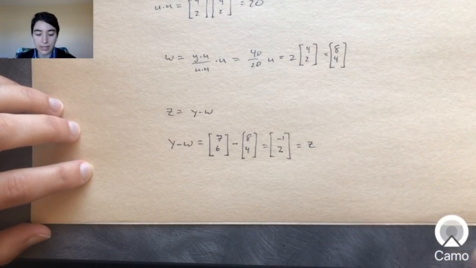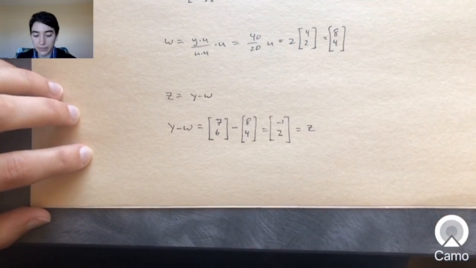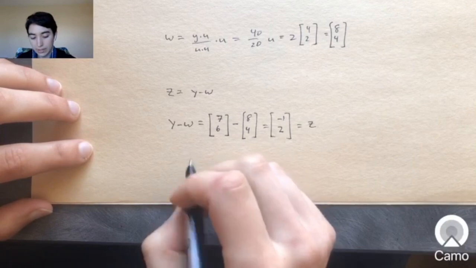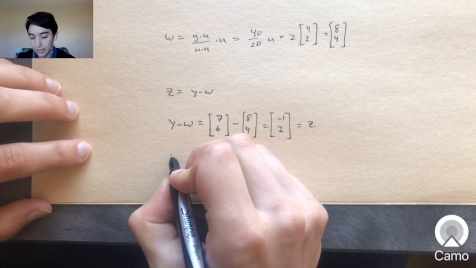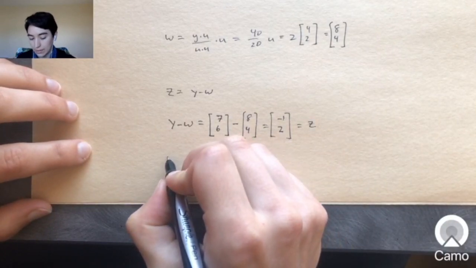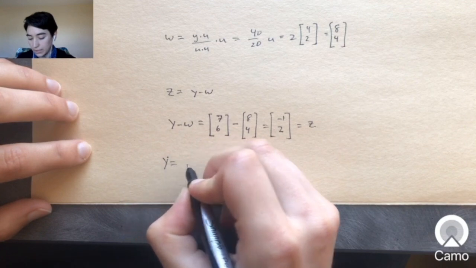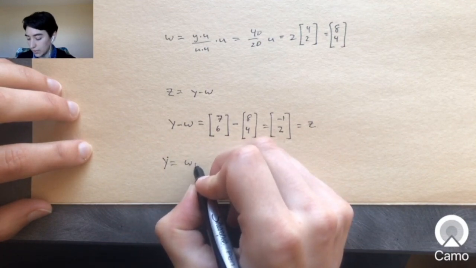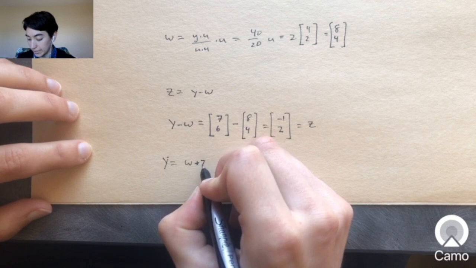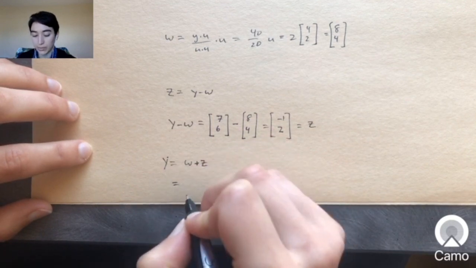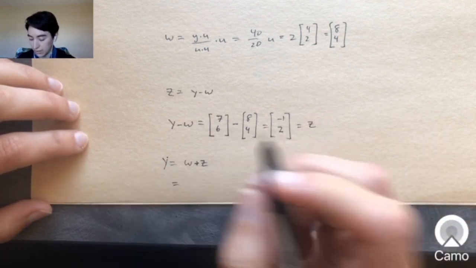And then we can rewrite this. If we want to find y, y is equal to w plus z. Make sure we have this all correct, which we should because this was fairly simple.